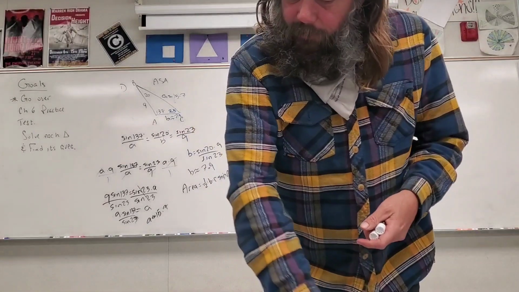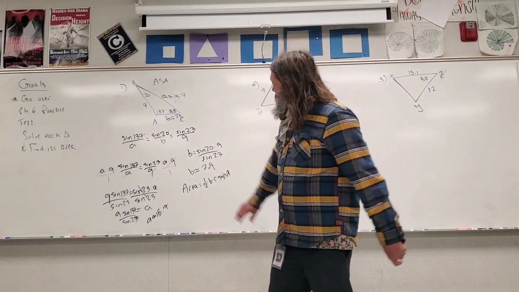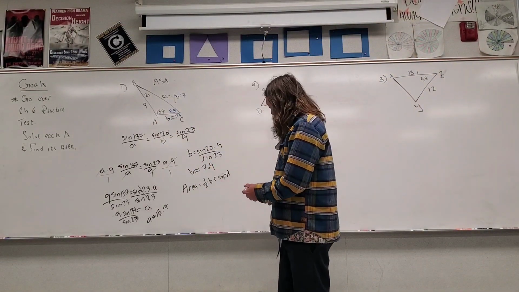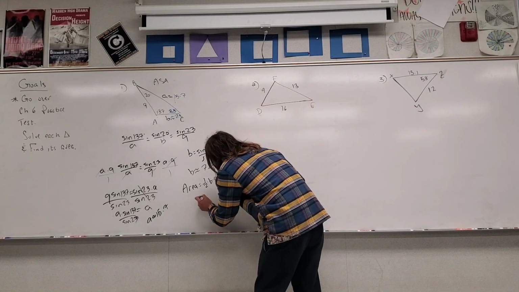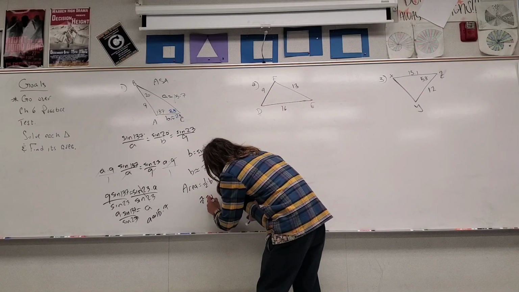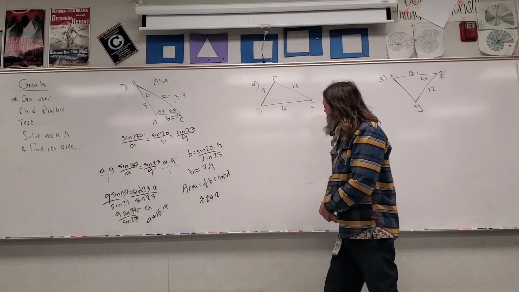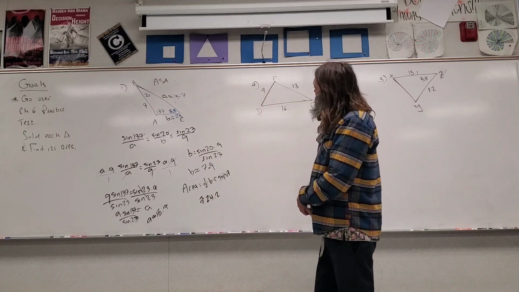So the area, the number of squares it takes to cover this triangle, is 24.24, so it'll be roughly 24.2. All right, so that's what I'm looking for in problem 1, for the angle, side, angle pattern.